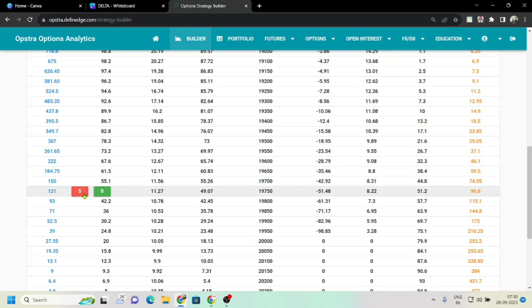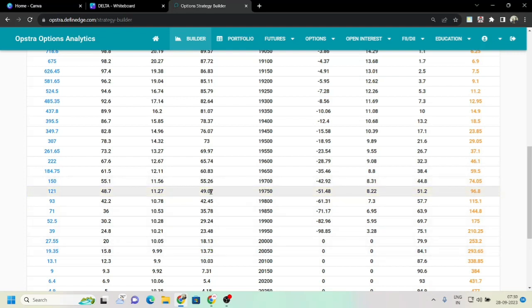Nifty will move 100 points, but your call option strike will not move 100 points. Then there might be a question in your mind: Nifty is moving 100 points, why is my strike not moving 100 points? The reason is delta, the selection of your option strike.